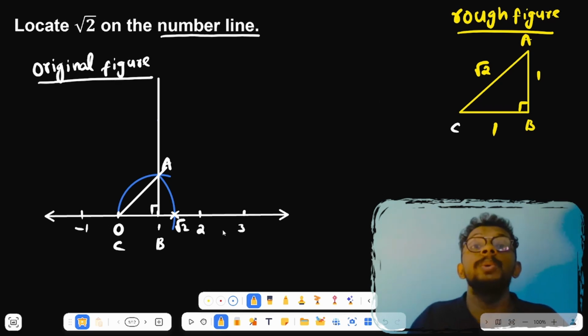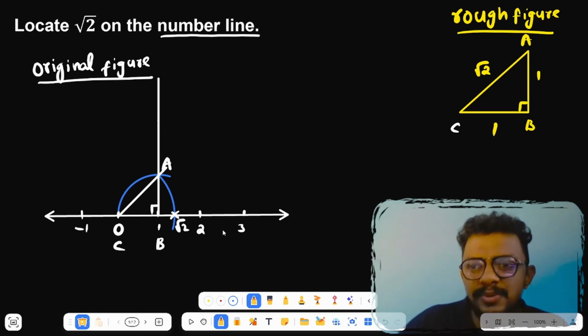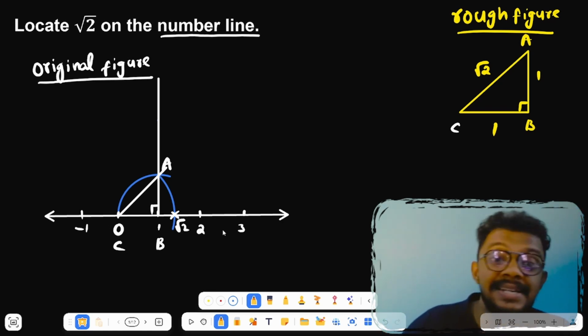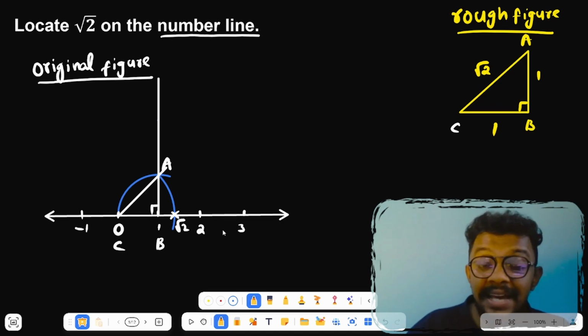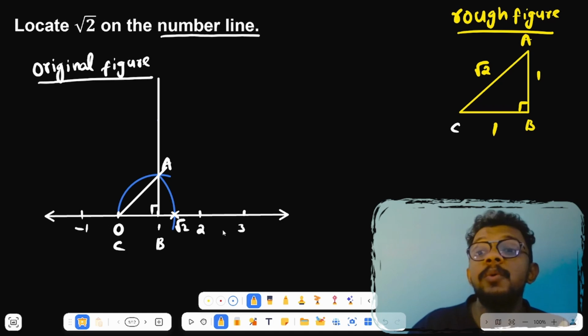Once again, I'm repeating how it's done. The strategy is simple. First, we will draw a rough figure, and using Pythagoras theorem, if in a right angle triangle base is 1, height is 1, automatically hypotenuse is root 2. Now, how can I apply this on a number line? In order to draw a 90-degree angle, I will use a protractor.